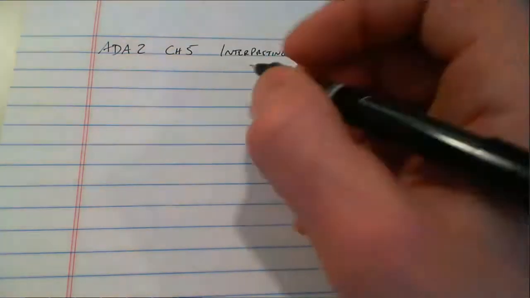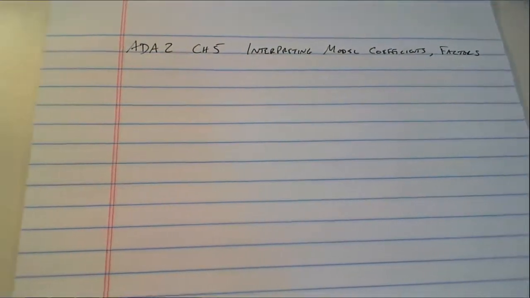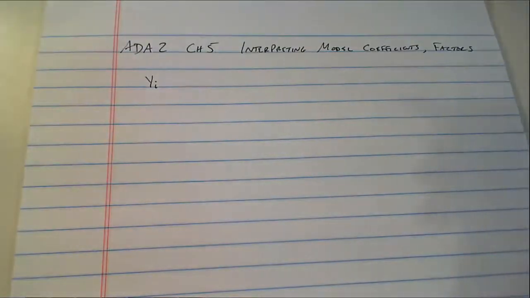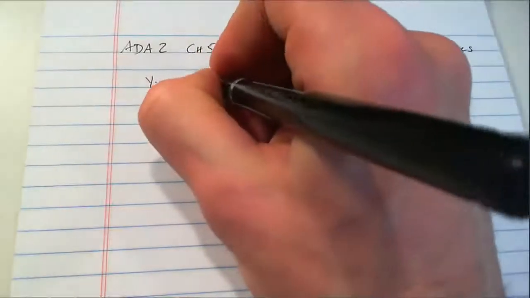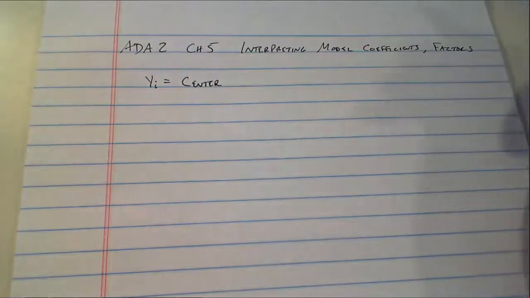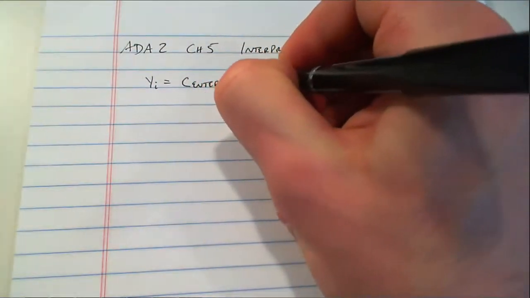So our goal today is basically to look at models of this form. y_i, which are our individual observations, is going to be written in terms of the center for y_i, basically the predicted value, plus error.